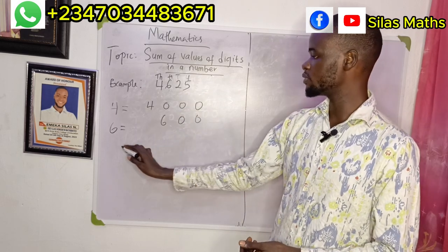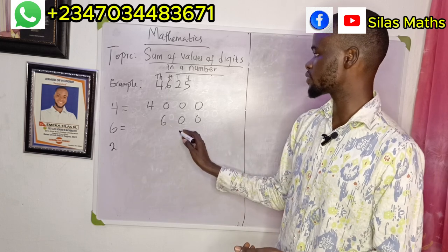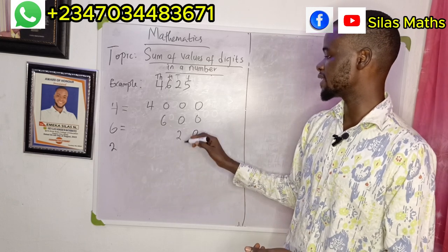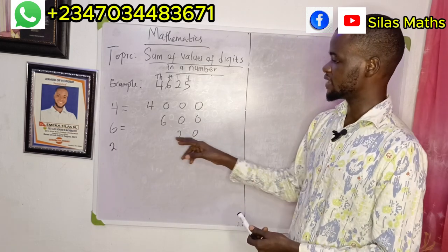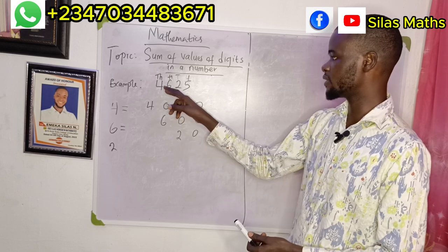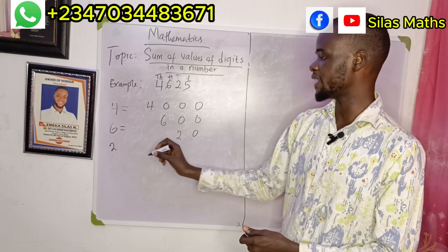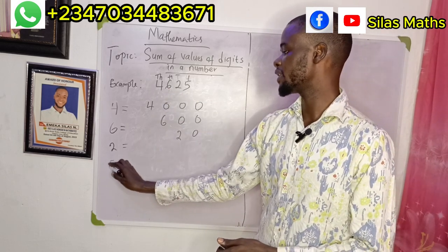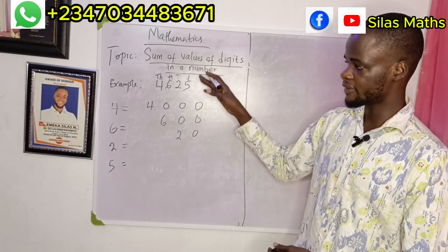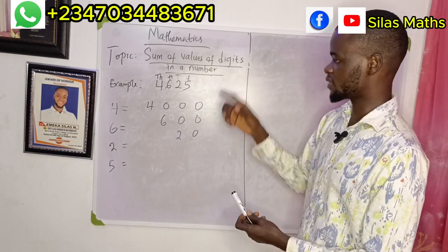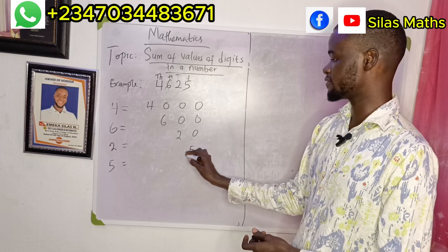The value of 2 is 2 tens, which is 20. The value of 6 is 600, the value of 4 is 4,000, while the value of 5 is 5 units, just 5. So we'll put it over here.